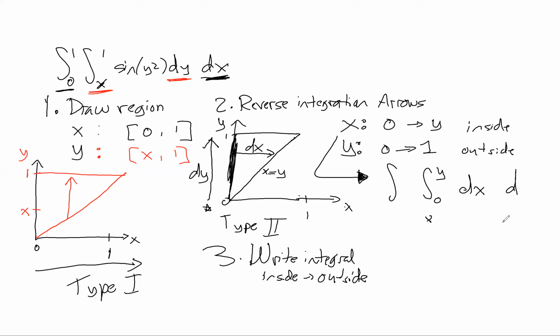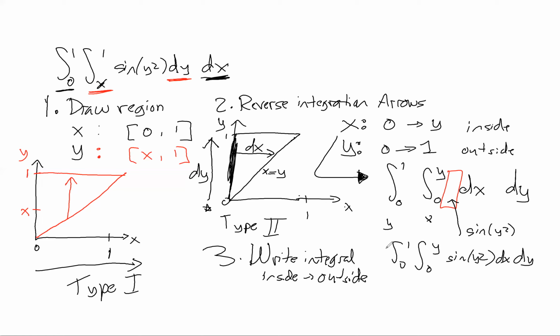The outside is y, so we put a dy, and then we put a 0 and a 1. And then, of course, we need our function. Our function is the same, that's sine of y squared. So the integral from 0 to 1, 0 to y, sine of y squared dx dy, that's our integral.